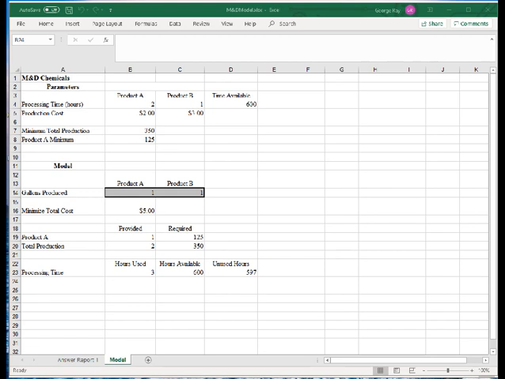Our objective function is to minimize 2 times A, the quantity of gallons of product A produced, plus 3 times the quantity of B. And that, of course, is in cell B16.